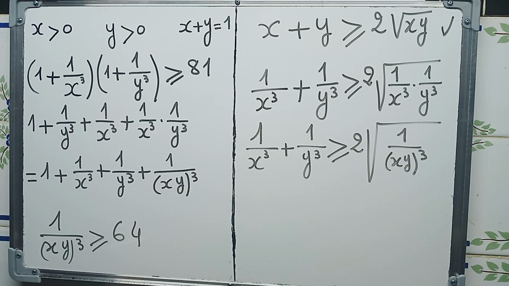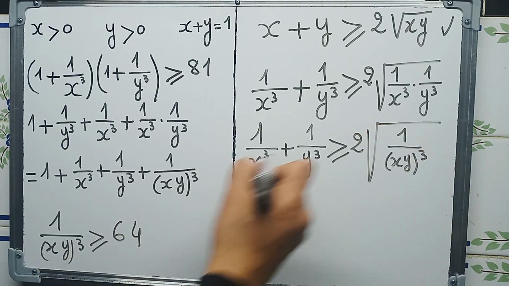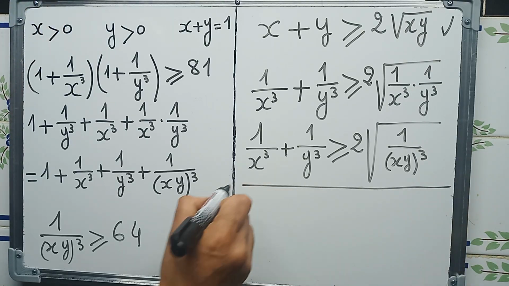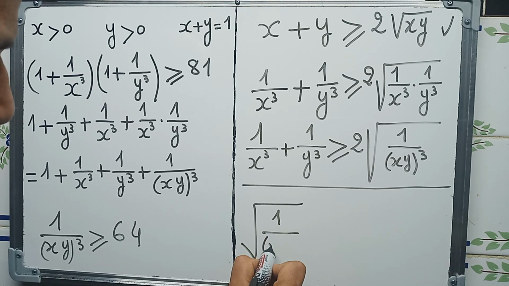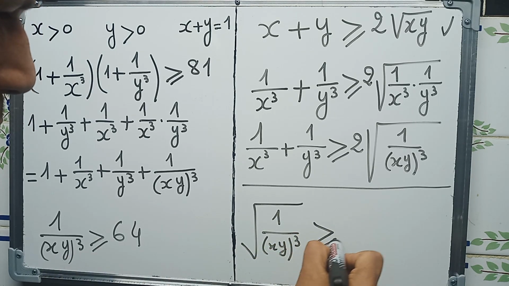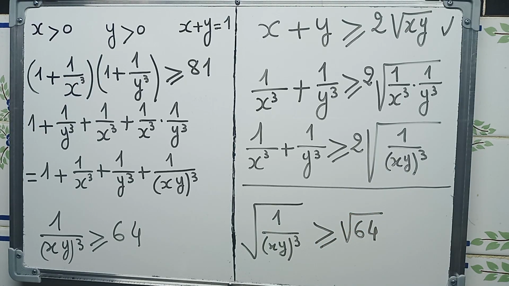Now here we have 1 over (xy) cubed is greater than or equal to 64. We have proved this, and to get this, we just take the square root of the two terms. So I will have the square root of 1 over (xy) cubed is greater than or equal to the square root of 64, and the square root of 64, of course, is 8.